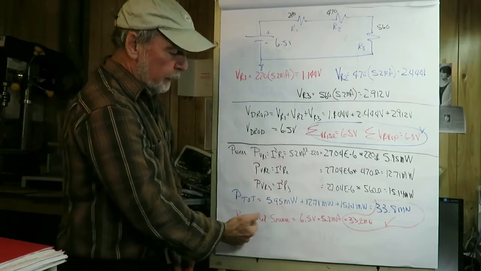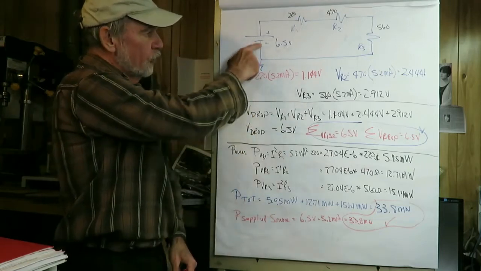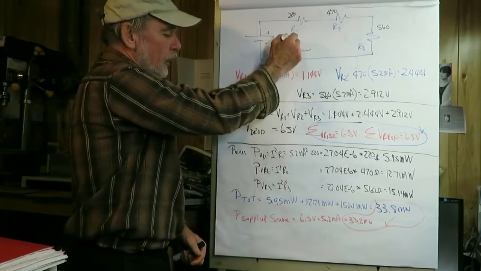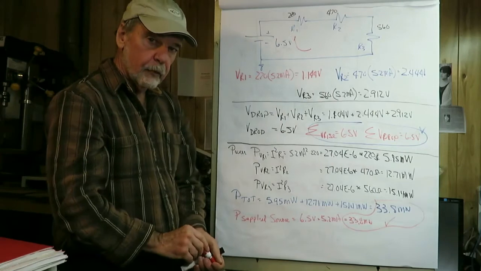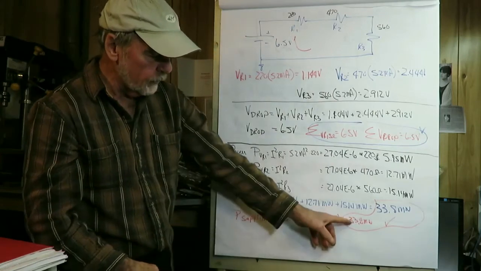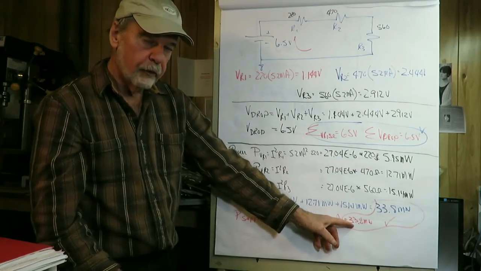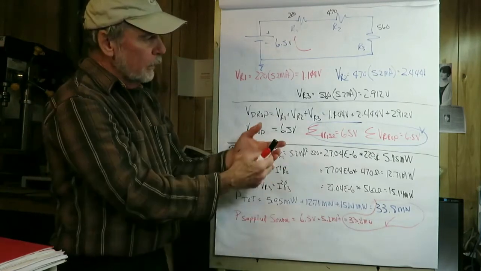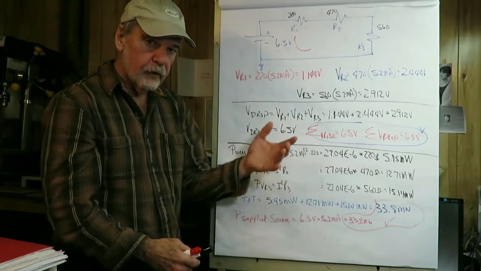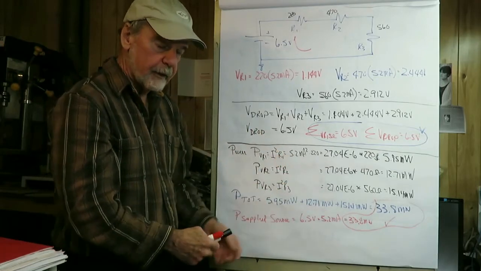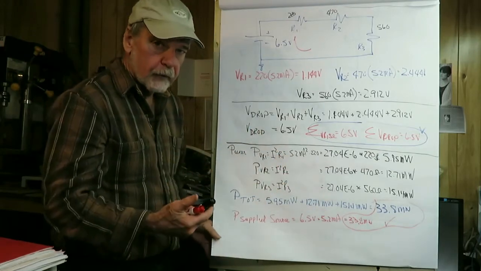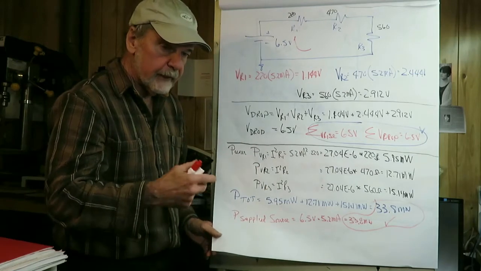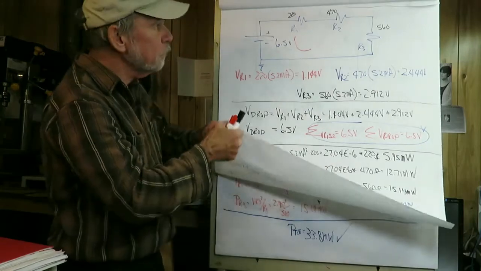Now the power supplied by the source, well, we have 6.5 volts, and the current flowing through here is, as before, 5.2 milliamperes, and if we multiply those two together, we see that the source is providing 33.8 milliwatts. So this makes sense. The resistors are dissipating the same amount of power that the source is providing. Like with voltage and with current, all the power has to be accounted for. It can't leak off somewhere.